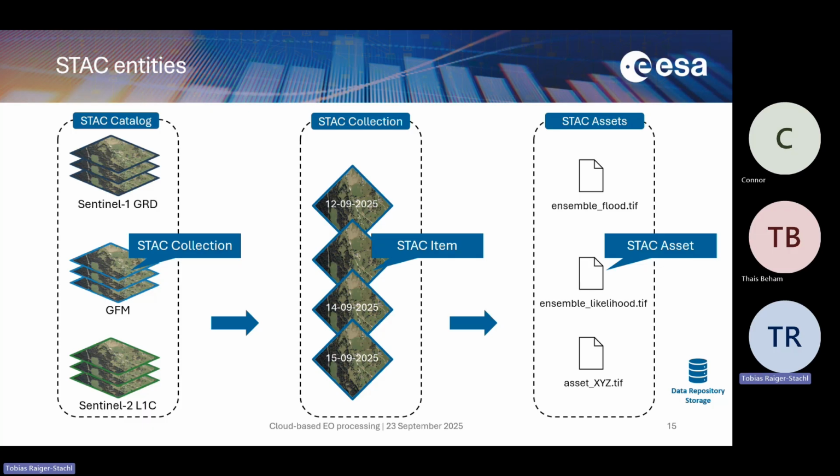On the left side, you can see that we have, for instance, a Sentinel-1 GRD collection. And then one item of this GRD collection represents one Sentinel-1 scene, for instance.